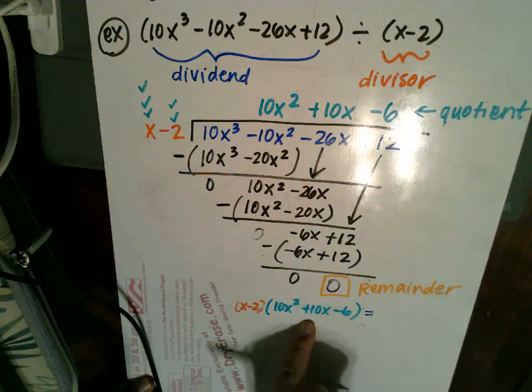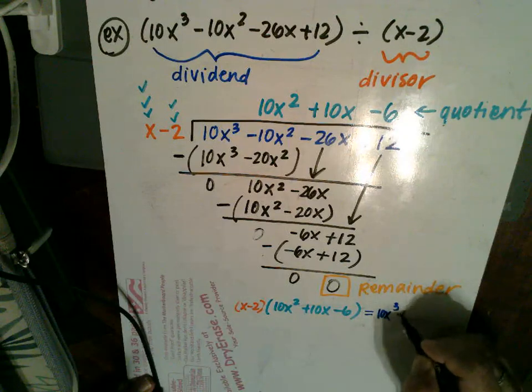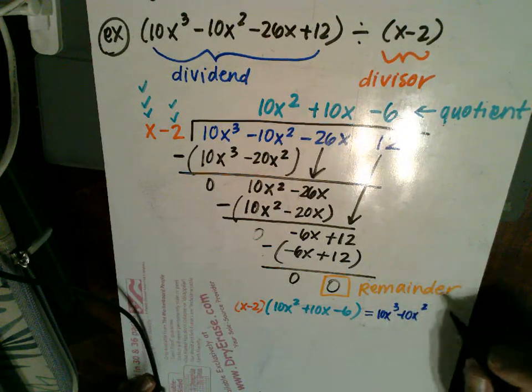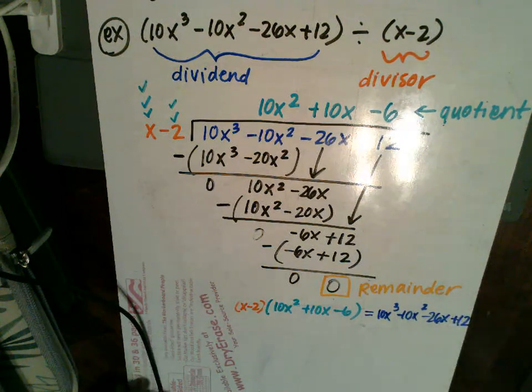So if I multiplied these two polynomials together, I would get 10x to the third minus 10x squared minus 26x plus 12. So that's my first long division where they divide nicely.